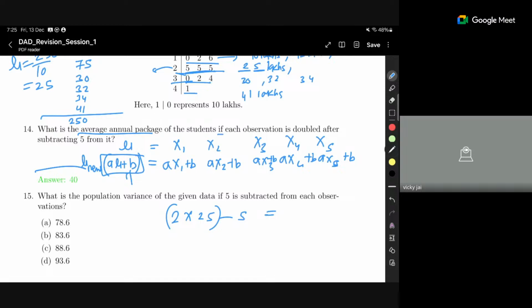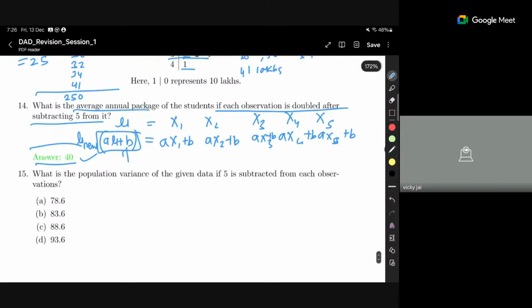Each observation is doubled after subtracting 5 from it, right? So first subtraction, then multiply it by 2, right? So I had 25, I'll subtract 5 from it, then I'll multiply by 2. So you'll get 40, right? Which is the correct answer. So that's how you can do it. Adding a constant, multiplying it, you can do it this way.